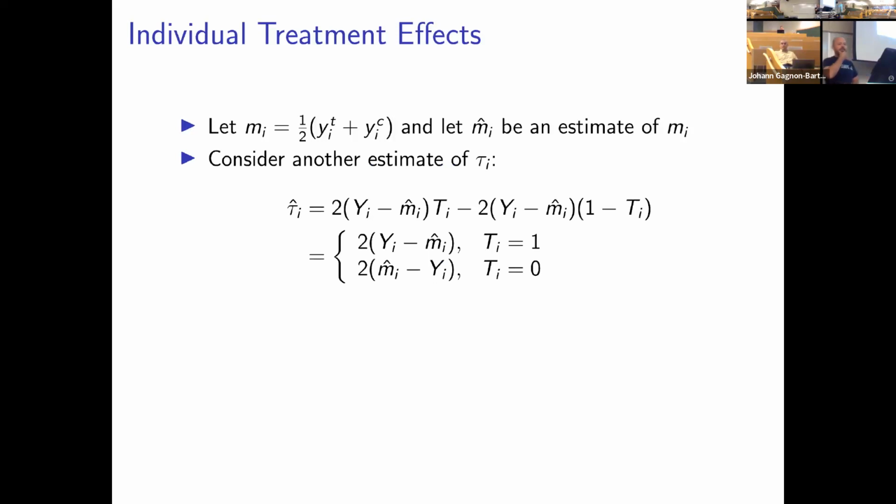Now I want to consider another estimate of this tau I, of the individual treatment effect. Very similar idea, except that we subtract off this estimate of the M from our outcome before doing what I said previously.